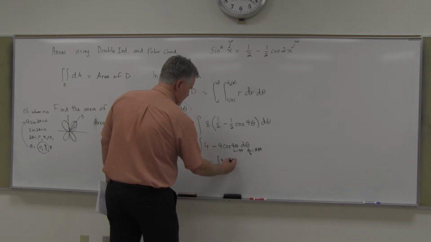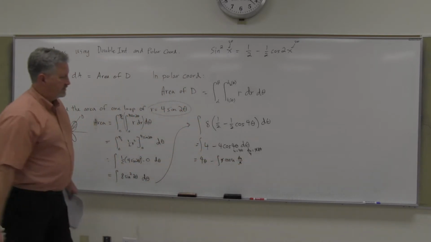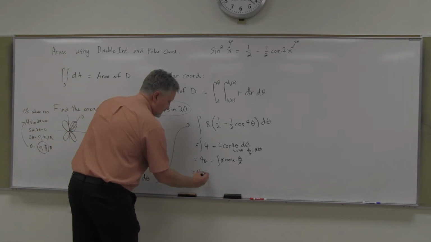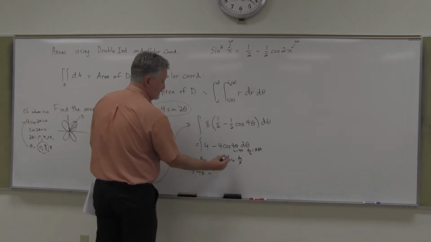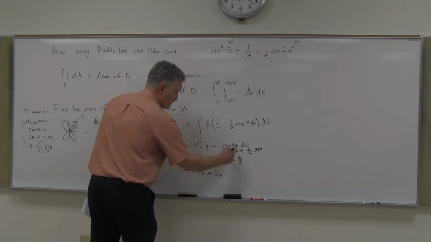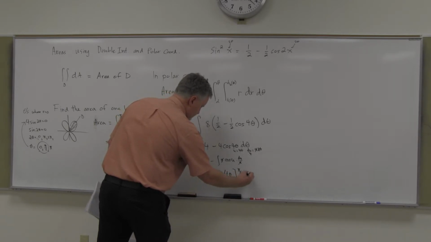So it'd be 4 cosine of u and then du over 4, so the 4s are actually going to cancel out. All I'm doing is cosine. So that is minus, the antiderivative of cosine is just sine u, but u is 4 theta. And then I'm going to evaluate that from 0 to pi over 2.